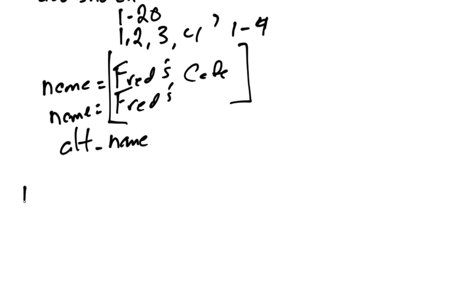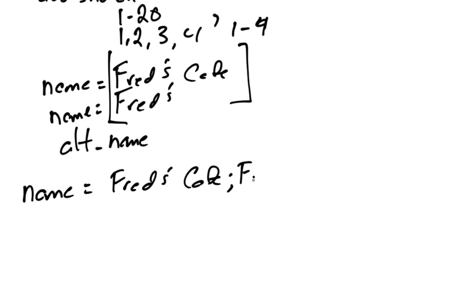So that would look like this: name equals Fred's Cafe, semicolon, Fred's. And that's just a hint to the renderer, which we'll talk about in a future video, that these are two separate values.